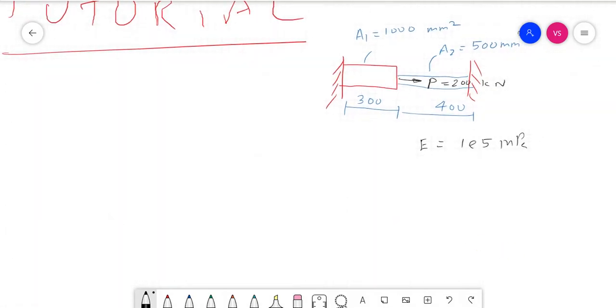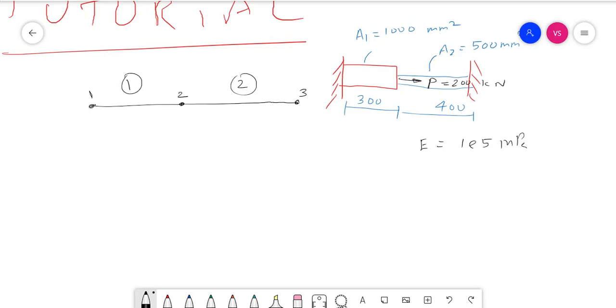So I will tell you the differences you should consider, and then I leave it to you to solve this problem. For this problem we have two elements: node 1, node 2, node 3, element 1, element 2.